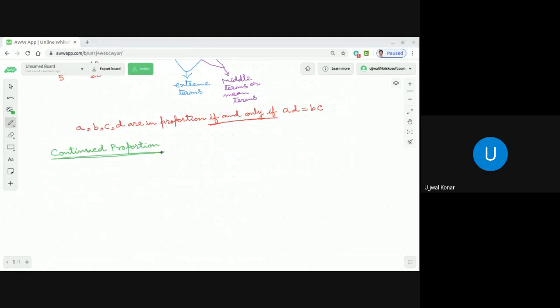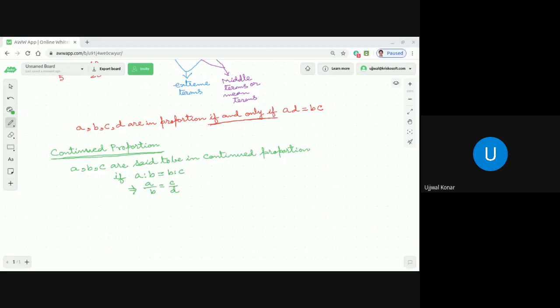Let us understand what is continued proportion. In case of continued proportion, there will be three terms, A, B, and C. A, B, C, three quantities are said to be in continued proportion if A is to B is equal to B is to C. That implies A by B is equal to B by C. Correct?